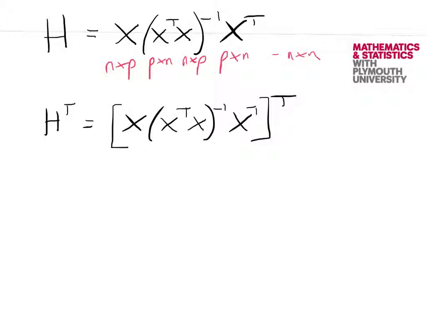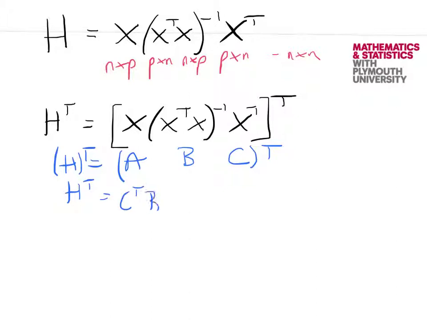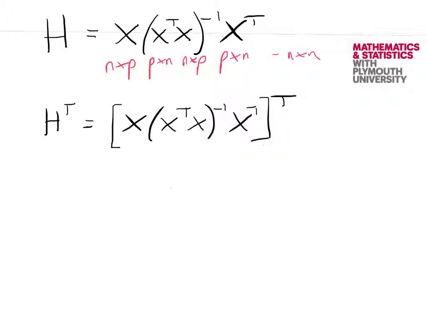In other words, if we call these matrices A, B and C, and H is made up of A, B and C, then when we transpose it, what we're looking for is C transpose B transpose A transpose. So we use that rule to find the transpose of this matrix.